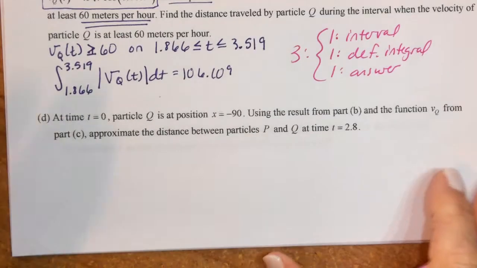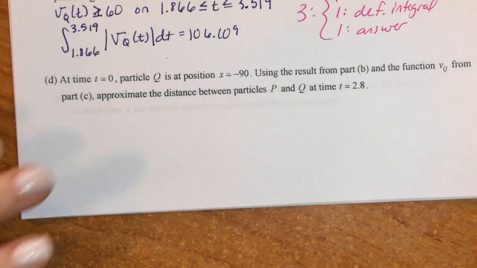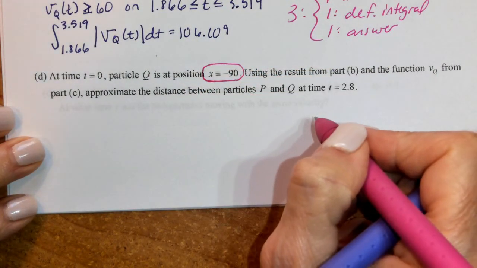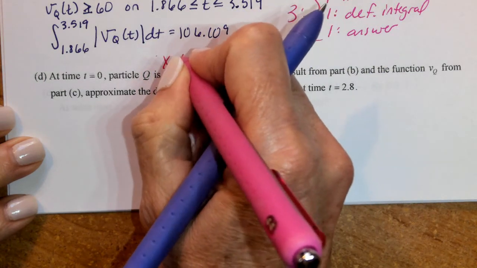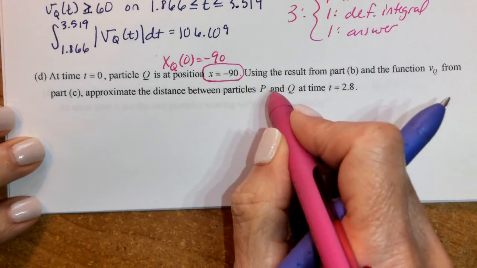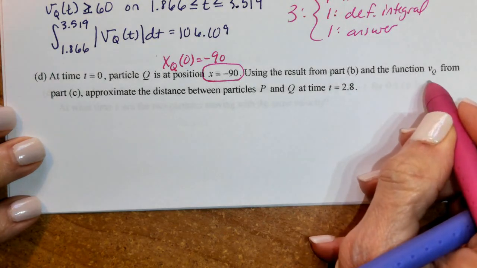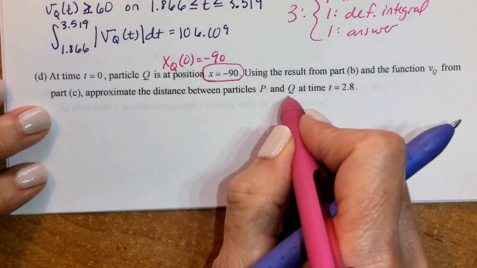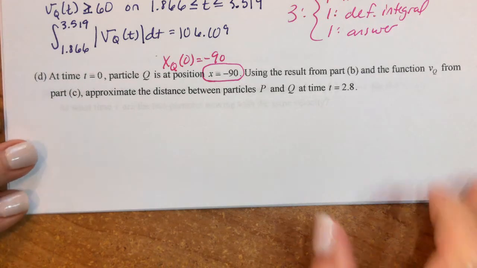On to part D. In part D, at time 0, particle Q is at position x equals -90. Okay, so there we're saying x sub q at 0 is -90. Using the result from part B and the function v sub q from part C, approximate the distance between the particles P and Q at time 2.8.